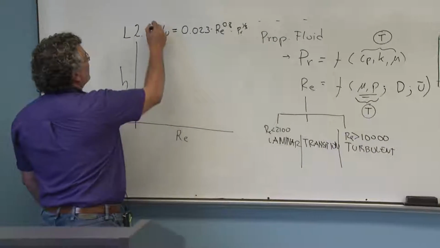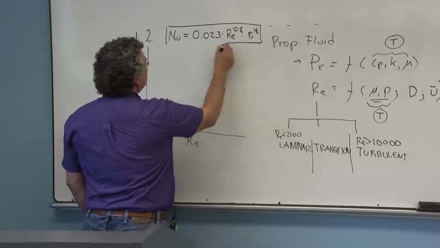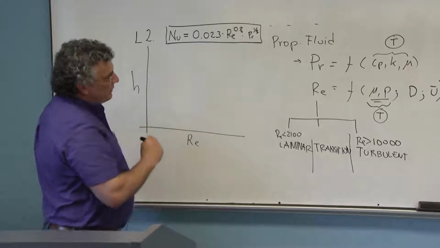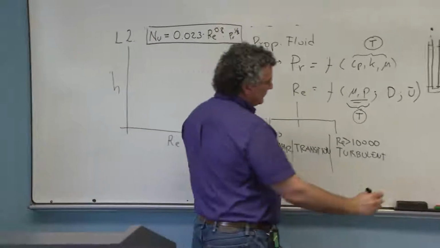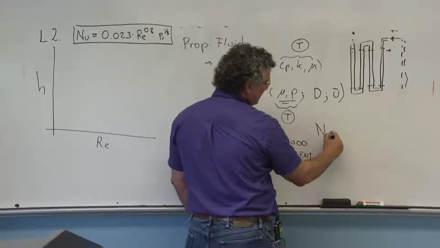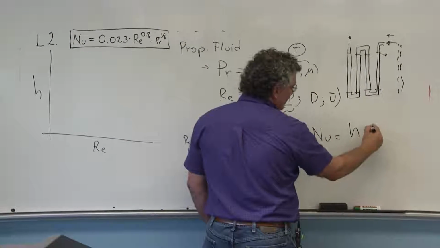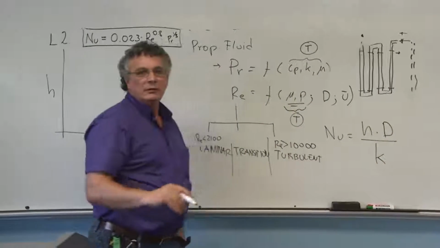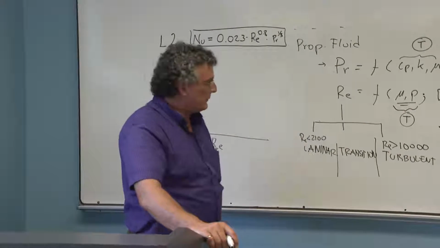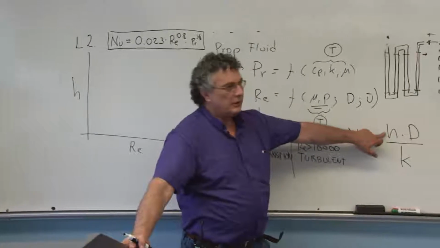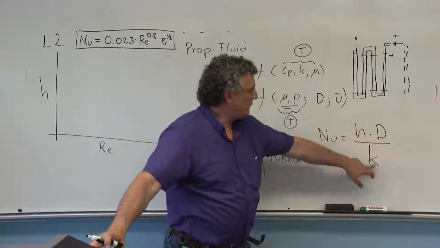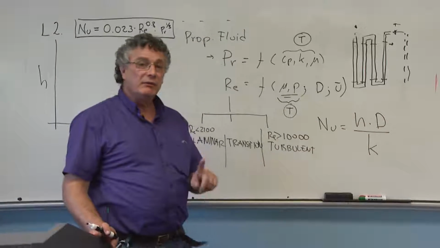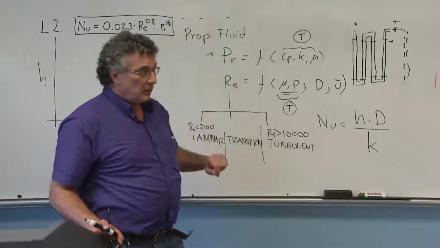Okay, so why is this very useful? Because the Nusselt number is directly proportional to the heat transfer coefficient. Nusselt is equal to the heat transfer coefficient multiplied by the diameter divided by the thermal conductivity of the fluid, not of the metal.